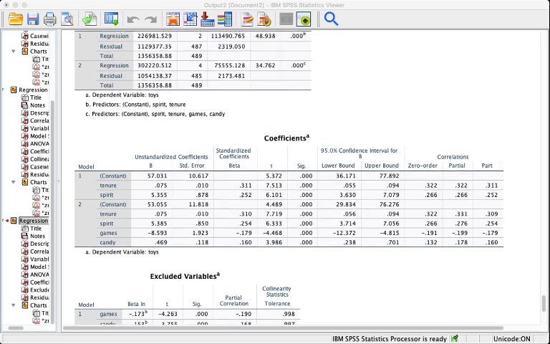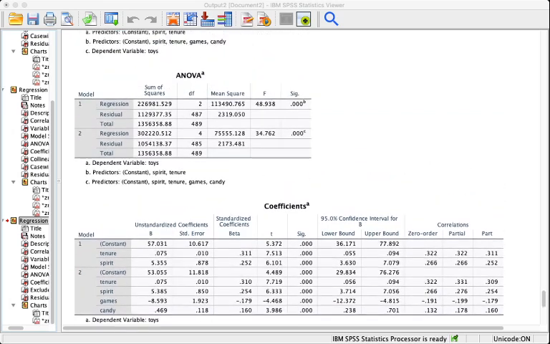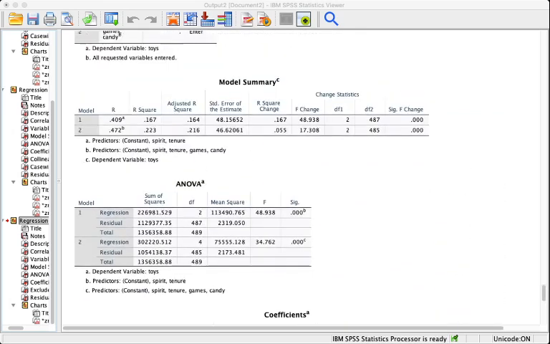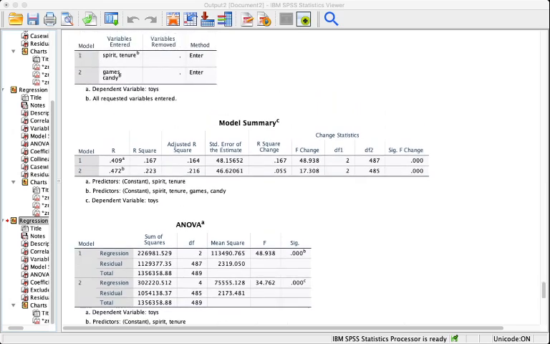Okay, so that's just some rambling. The important thing to note here is, again, everything was entered in 2 steps, so it's hierarchical because essentially we're saying we want you to put in these variables and then other ones. So there's a hierarchy of when you put variables in.